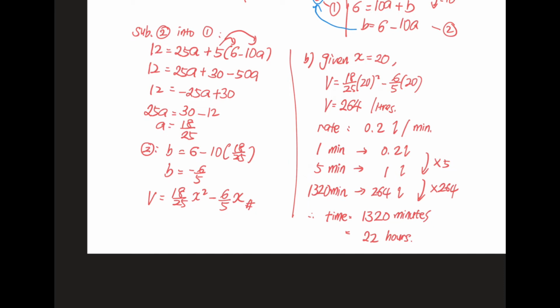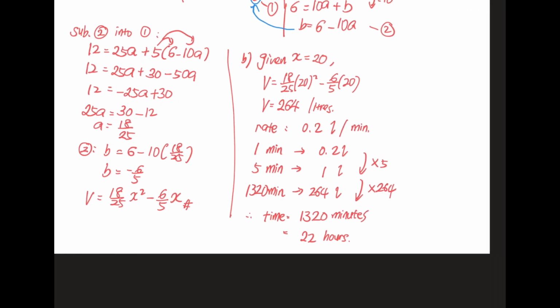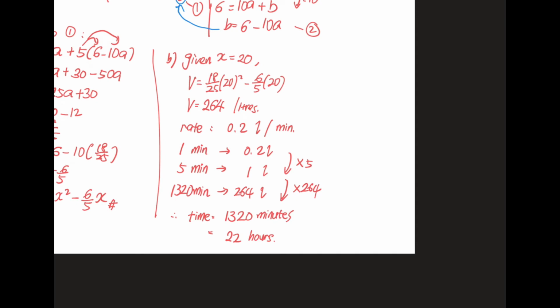22 hours. Okay, so this is the manual way to do it. Of course if you are not using this manual way, there is a way which is a formula. So the formula is going to be like this. Let's say I put it as method 2.